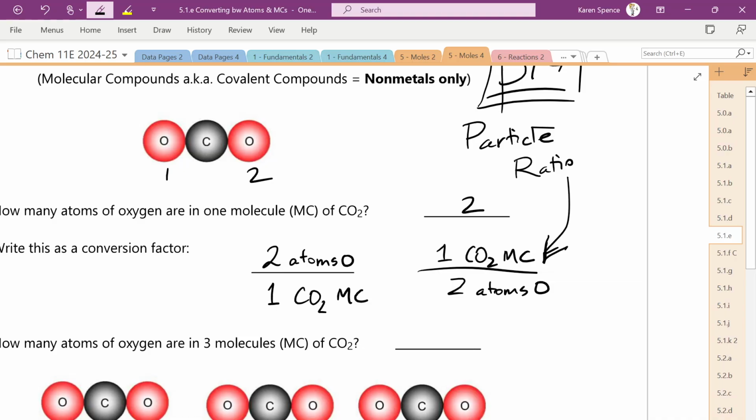So within that CO2 molecule, which is a particle, you have 2 oxygen atoms, 2 particles, okay? And the only way to find the particle ratio is by looking at the formula.